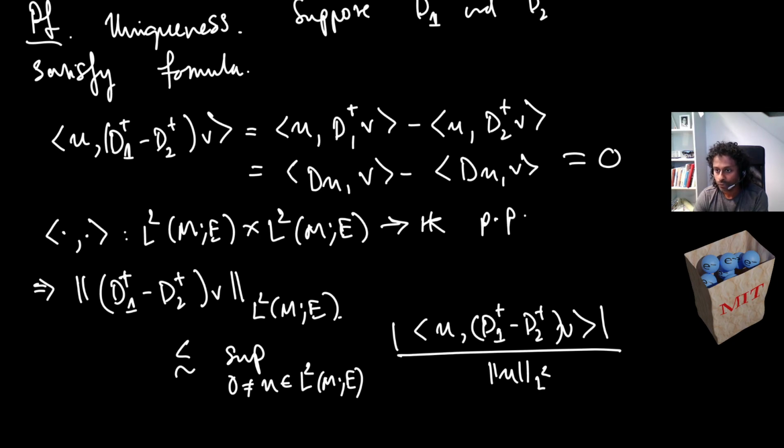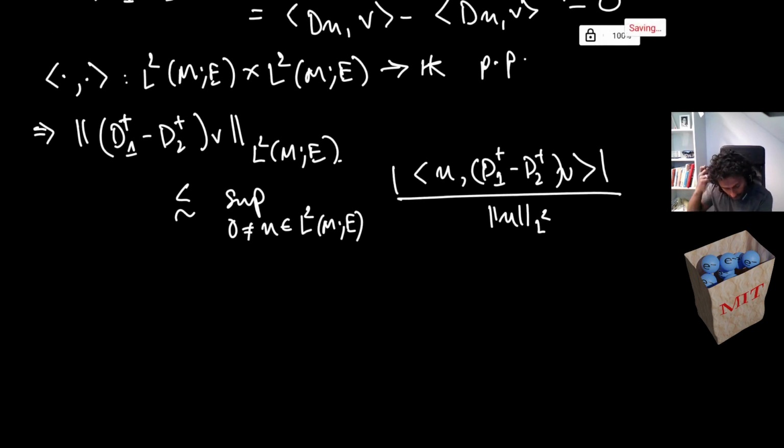Yes, so you have to prove that it's 0 everywhere from knowing that it's 0 on a certain subset. So what is the device for proving that? Precisely, the operator is not necessarily continuous.